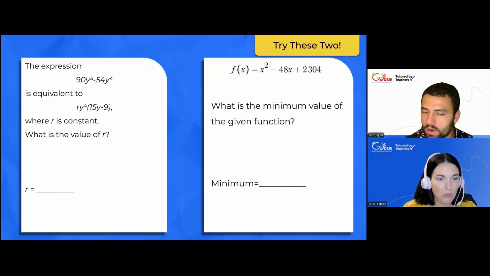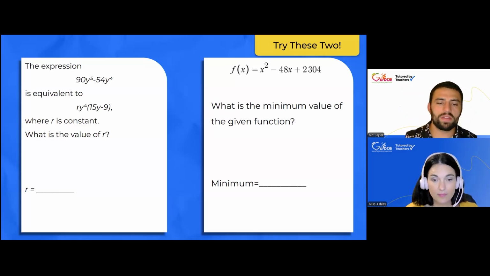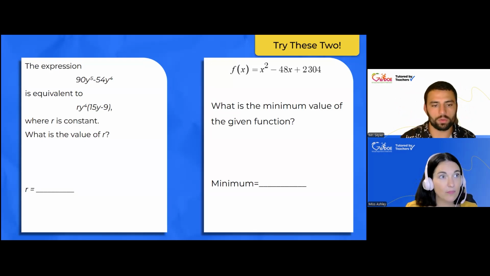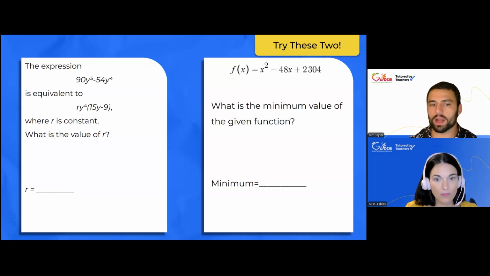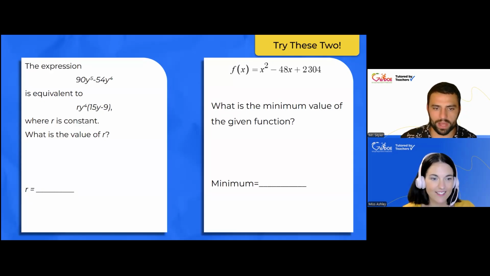We also have one that asks you for the minimum value of that given function there. I have f of x equals x squared minus 48x plus 2,304. That's a big number. Minimum value, top or the bottom? Minimum.